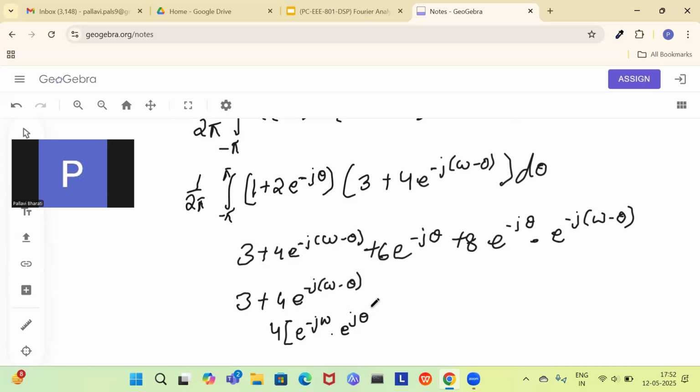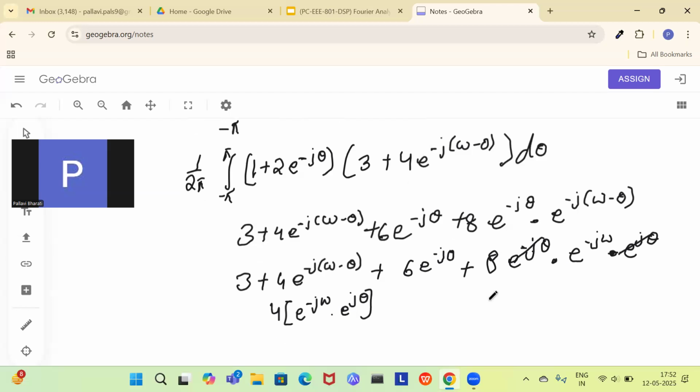This is the same thing, but that won't hamper the integration, so let it be as it is. Then 6 e to the power of minus j theta, plus 8 times this one, let us do it completely: e to the power of minus j theta into e to the power of minus j omega into e to the power of plus j theta. What happens is that minus j theta plus j theta becomes e to the power 0, which is 1.